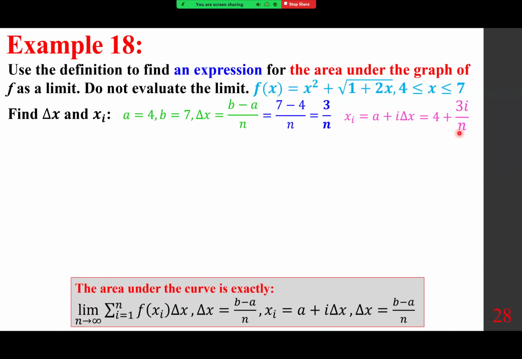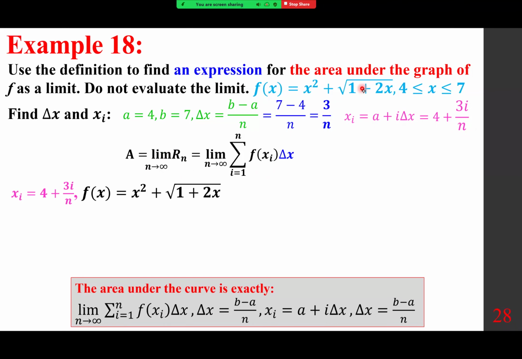And the area is the limit of the left endpoints, the right endpoints as n goes to infinity. The right endpoints, you can write it in this fashion, where x sub i is this, 4 plus 3i over n, and f of x is this.